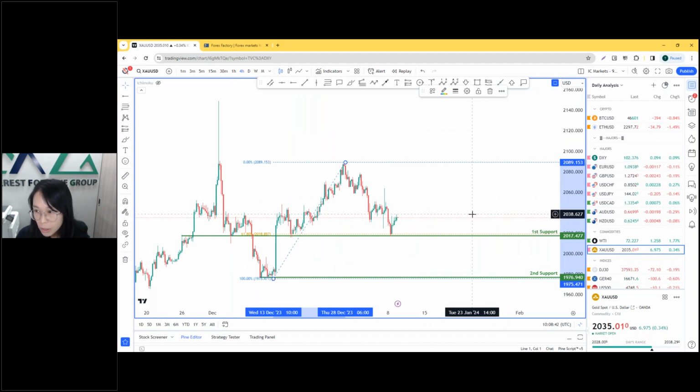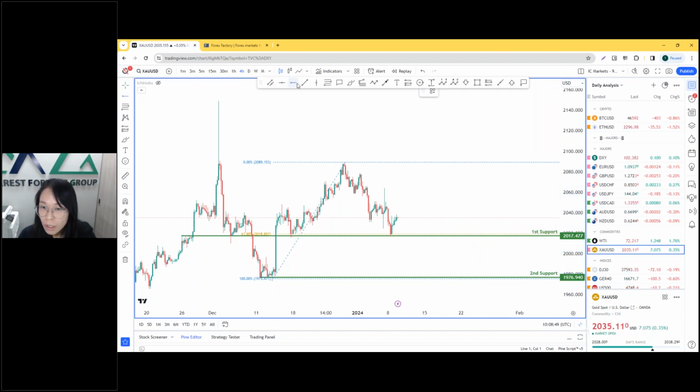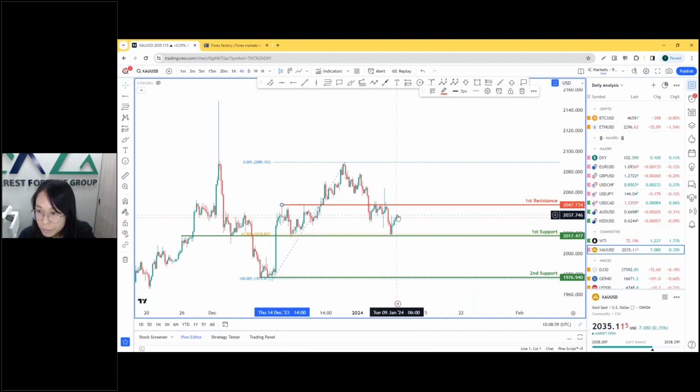So this first support acts as a pretty strong support level, good enough for the price to bounce up to a resistance level, which I think we can use as our resistance. It looks like it's heading towards our first resistance, and the price still looks like it's on a downtrend.